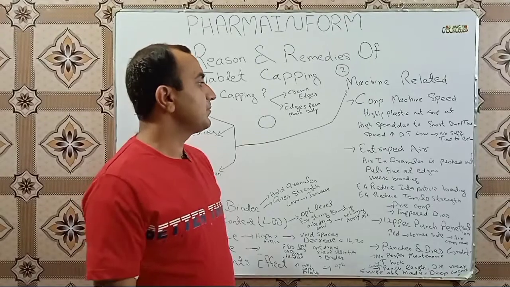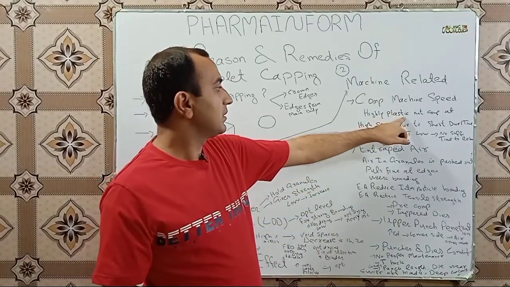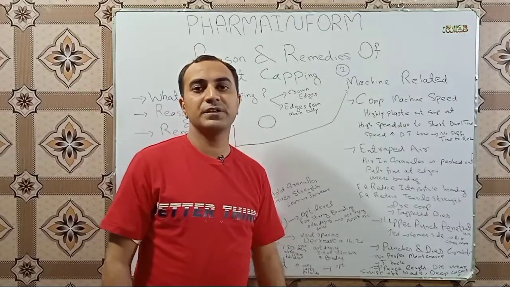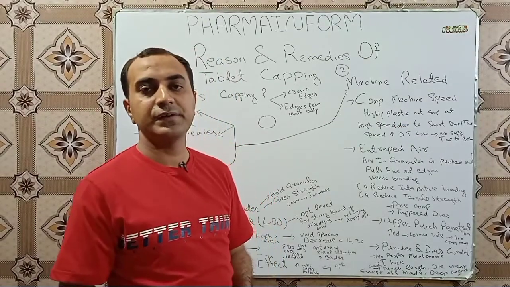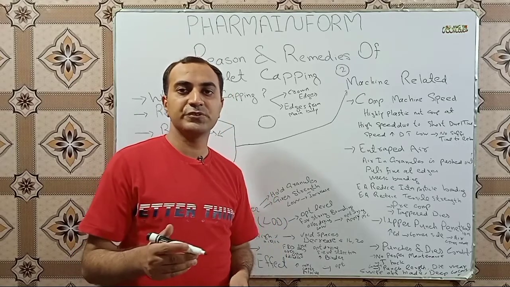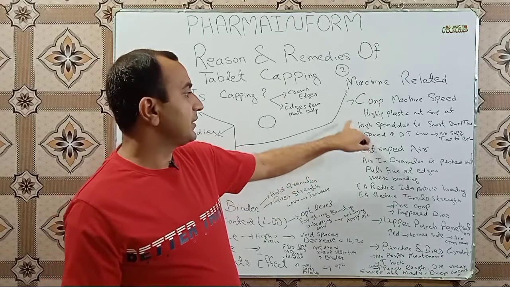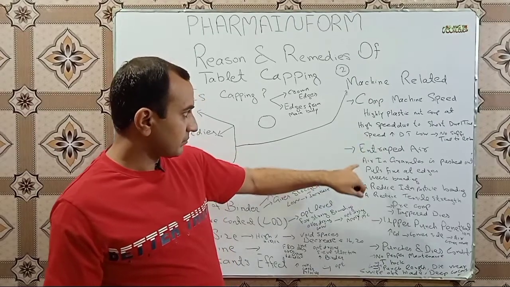Compression machine speed. Most of the highly plastic granules are not compressed well at high compression machine speed, because at high compression machine speed dwell time is low and this may result in tablet capping.